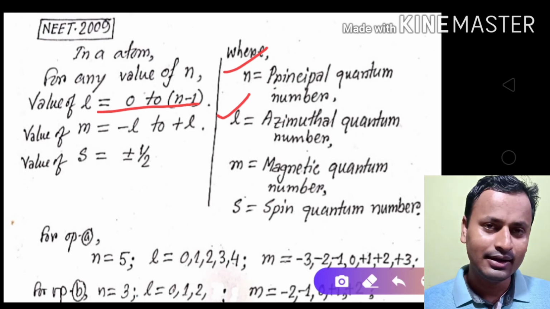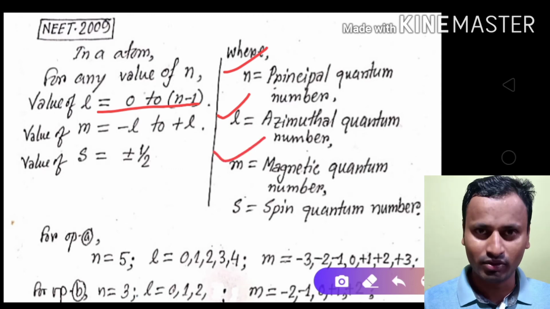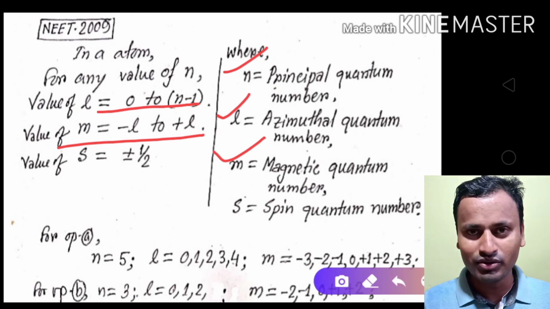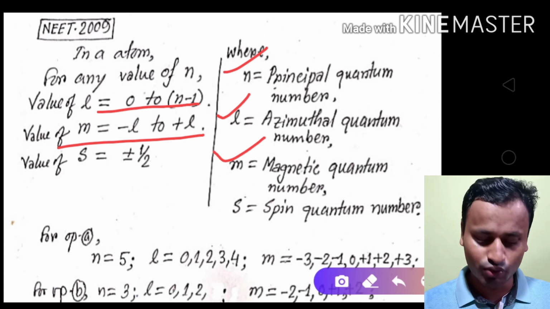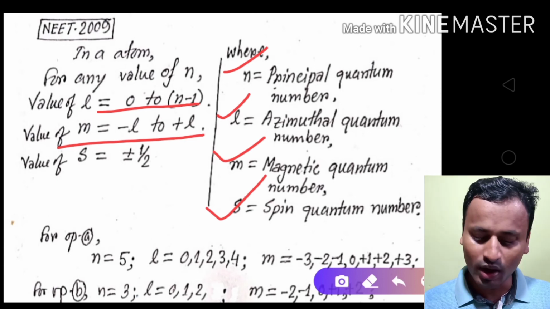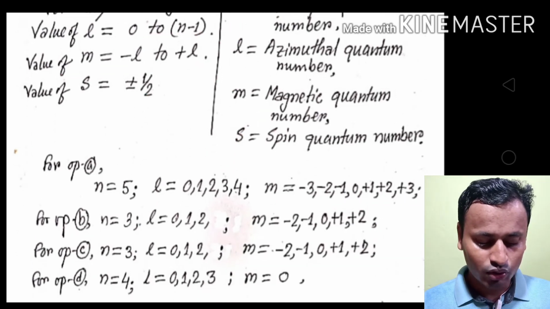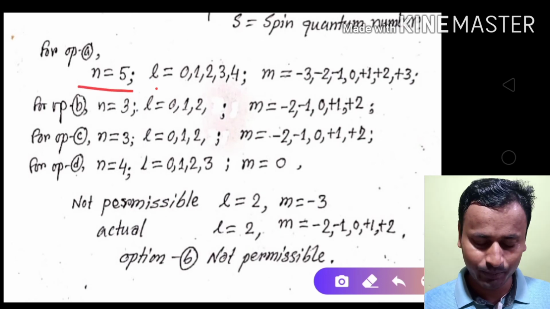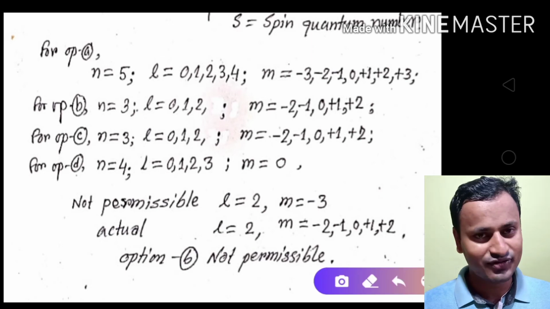We see that n is the principal quantum number, which can have any value for an atom. Then L is the azimuthal quantum number, whose value depends on the principal quantum number n. The value of L equals 0 to n minus 1. Then m is the magnetic quantum number, which depends on the value of L. So the value of m equals minus L to plus L. Then S is the spin quantum number, with value plus or minus half.